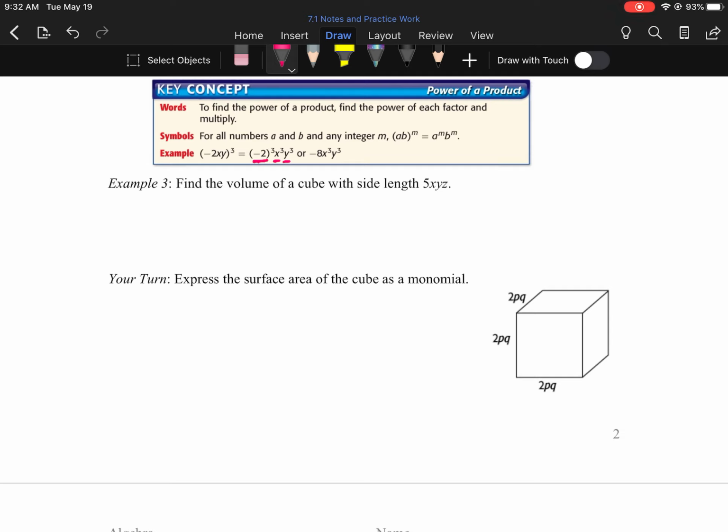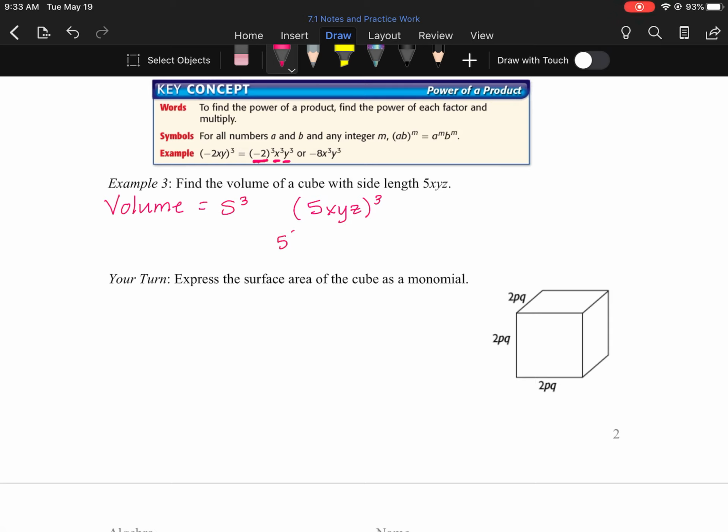It says find the volume of a cube with a side length of 5xyz. So several ways you could do this, but following this, the volume of a cube is s cubed. So s represents the side, so it's side length cubed. Well, if its side length is 5xyz, then I just have to cube that.